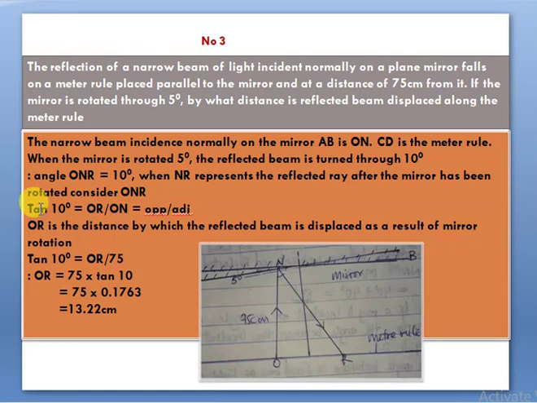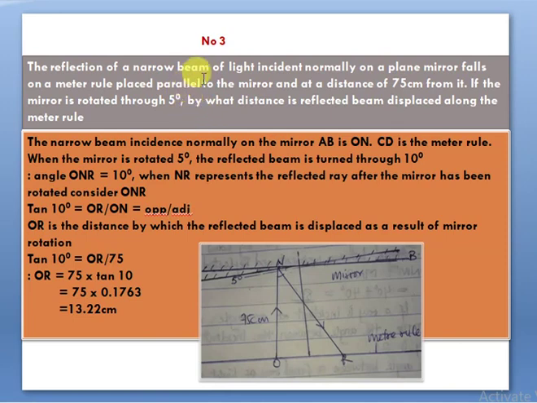Tan theta is equal to what? Opposite over adjacent. The opposite to this angle 10 is OR. Your hypotenuse is NR, while your adjacent is NO or OM.